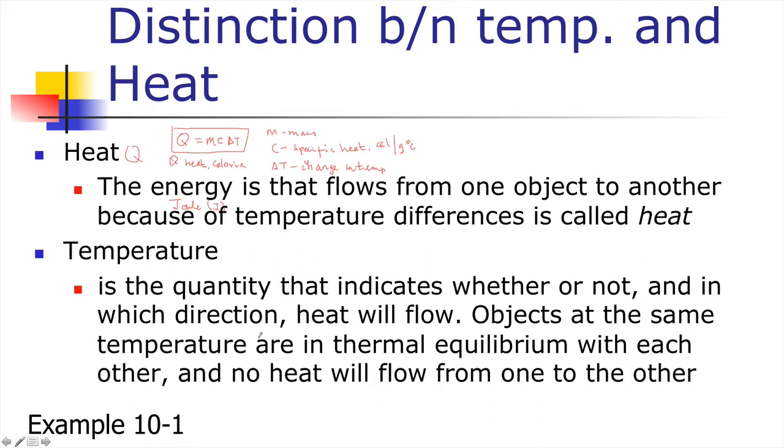Okay, so as an example, c for water is 1. What does it mean? It means that to raise the temperature of 1 gram of water by 1 degree Celsius, how much heat energy do you need? You need 1 calorie. Okay.